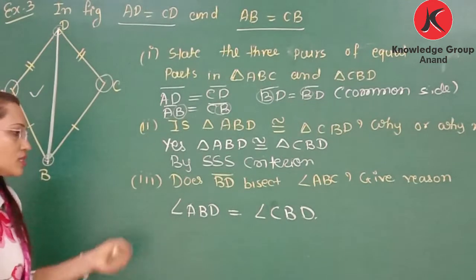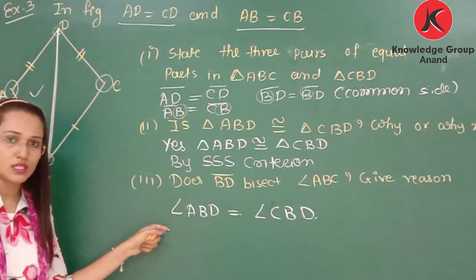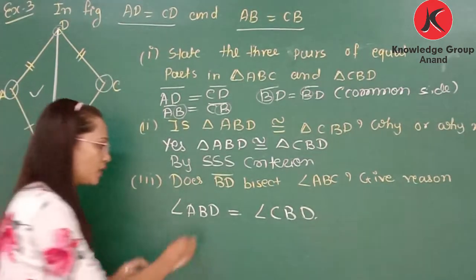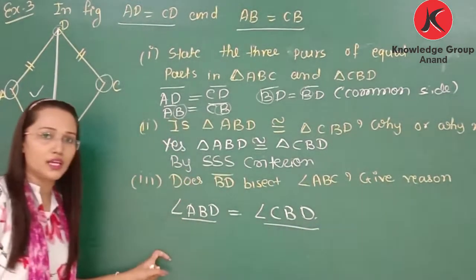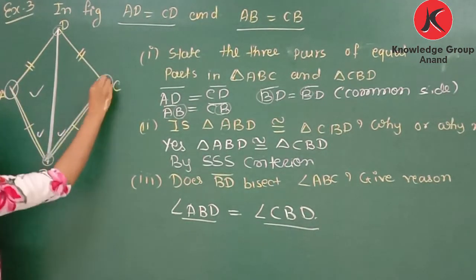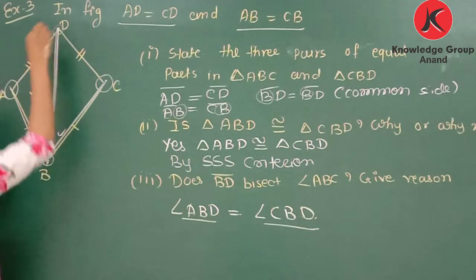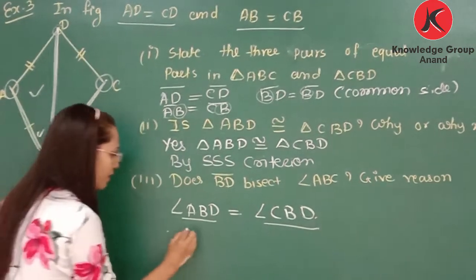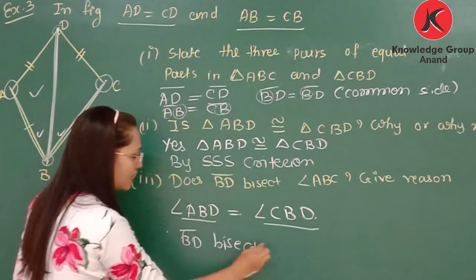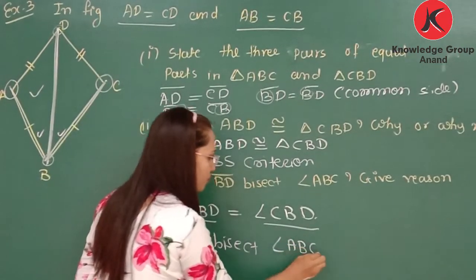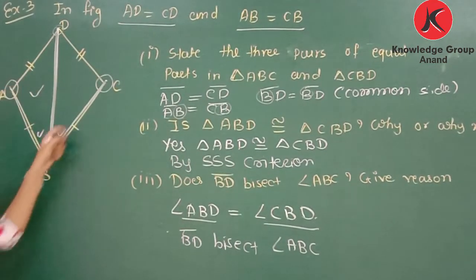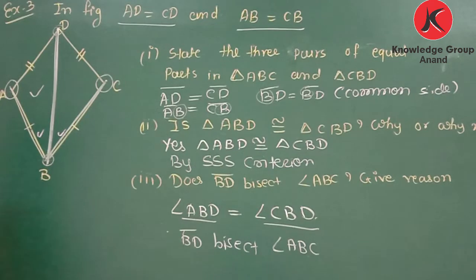Reason is what? Because they are congruent triangles, it means that the angles are also equal. Now, if these two angles are equal, this whole angle is bisected by BD, so we can write BD bisects angle ABC. If two angles are equal, then BD bisects ABC, meaning it divides ABC into two equal parts.